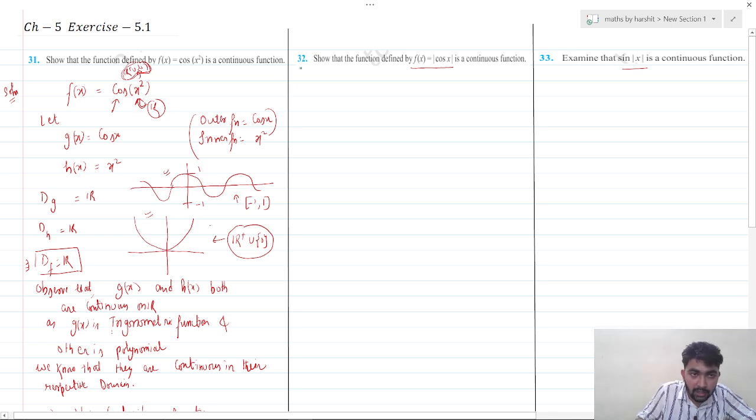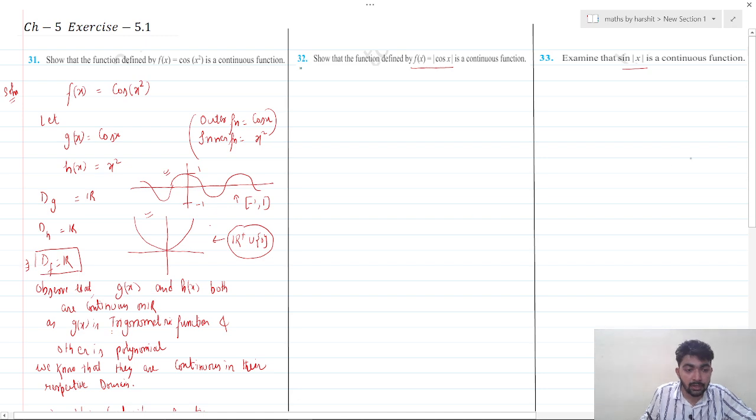So for each element from R we get an output, hence the function domain is complete R. There is no problem. Understood?